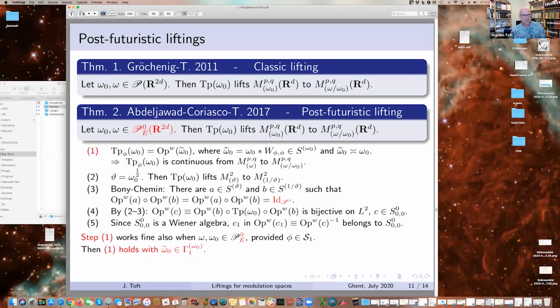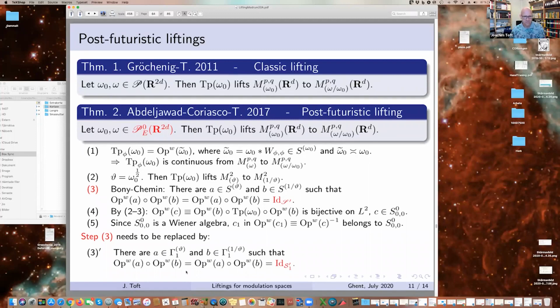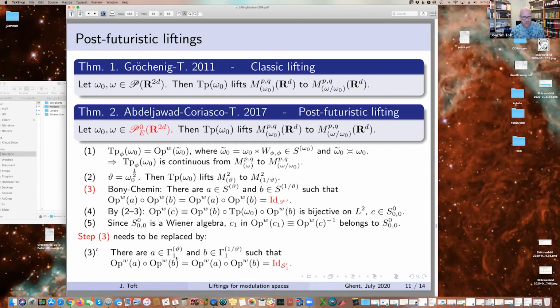First of all, the arguments in 1 are fine. 2 also is fine. It works in the same way as for the alpha distributions. 3 needs to be replaced by the following. There are now corresponding Gevrey symbols in gamma 1 of theta. This corresponds to this, of course. And a B here, such that these here are inverses to each other.